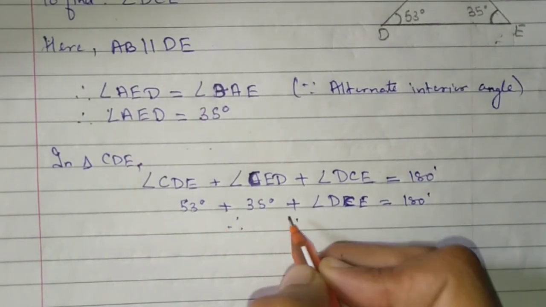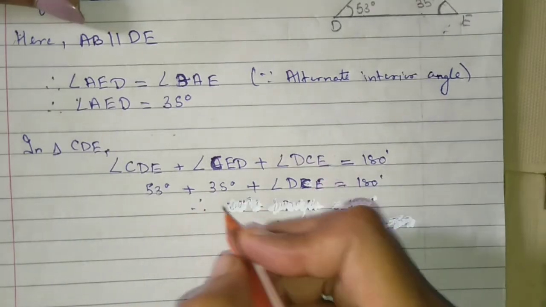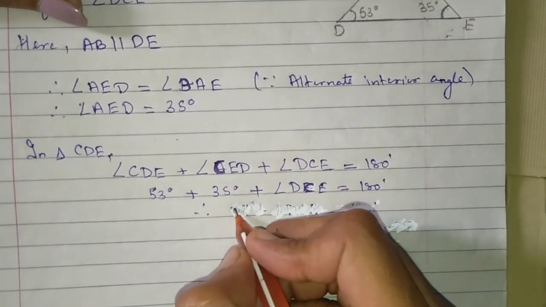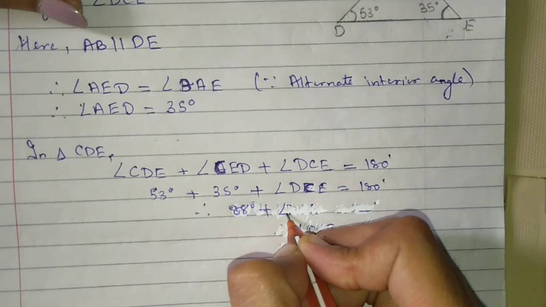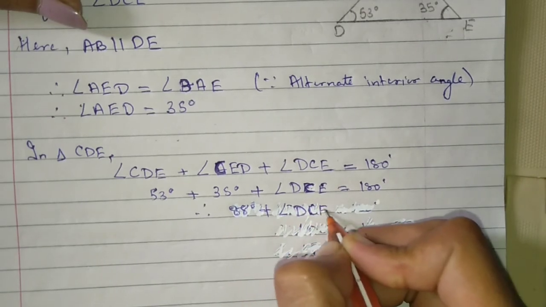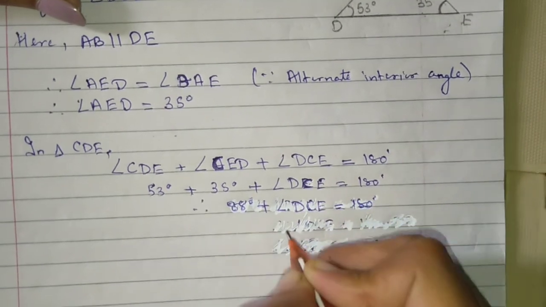Therefore 53 plus 35 is 88 degree plus angle DCE equal to 180.